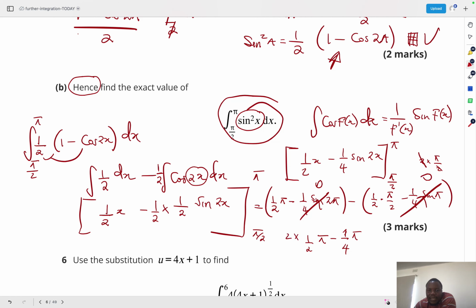So we can multiply this by 2 to have 4 over, just hold on, I'm not using a calculator, so let's see what we're going to have here. So what we are going to have now in this case is simply 2 over 4 pi minus a quarter pi, which should give us the answer as 1/4. This should just give us 1/4 as our answer for that question.